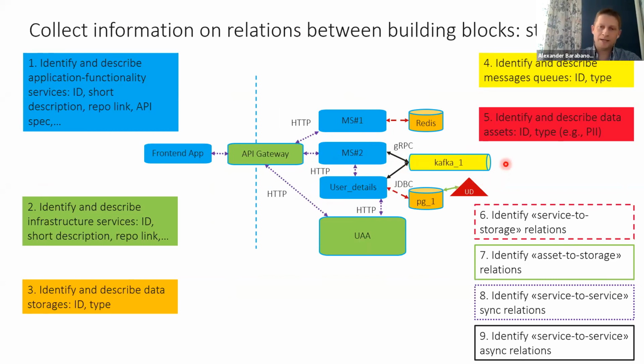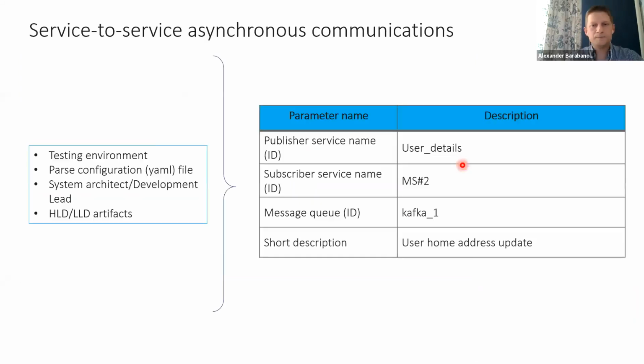For example, microservice number 2 could be a publisher, and microservice user details could be subscriber. But anyway, this is a connection between services, and you have to identify those connections in order to secure your application more precisely.